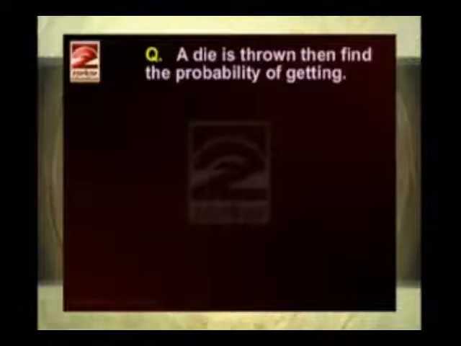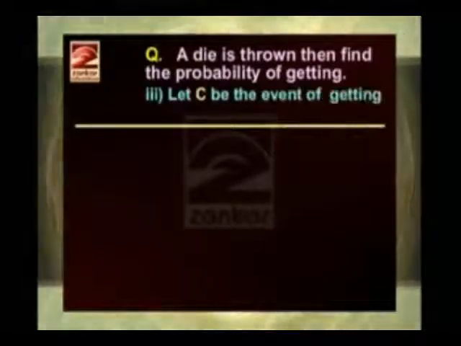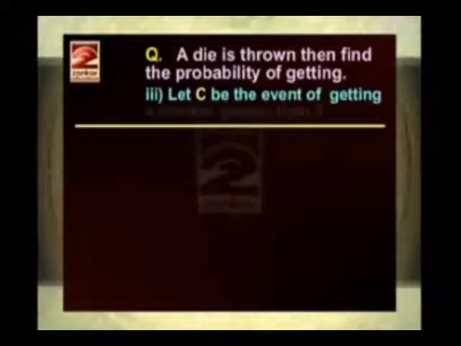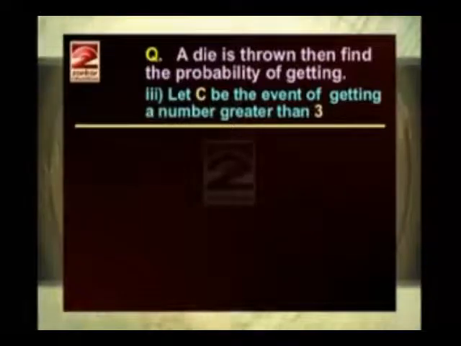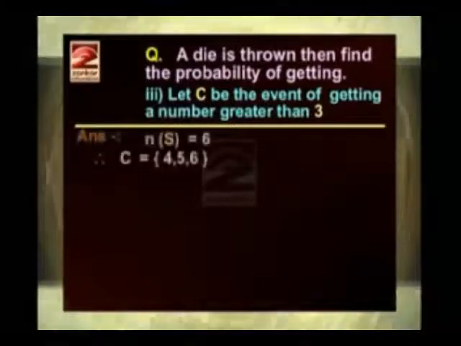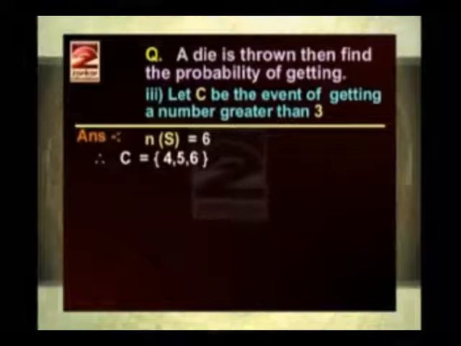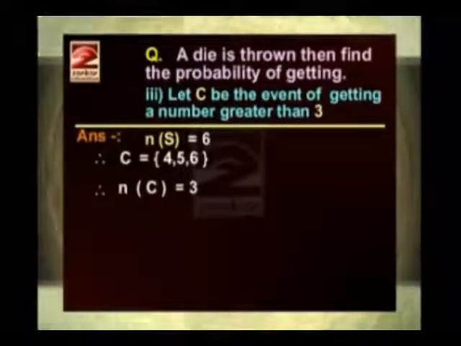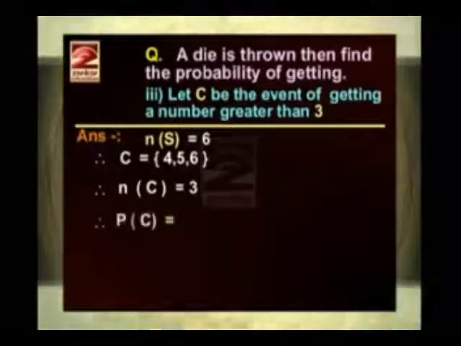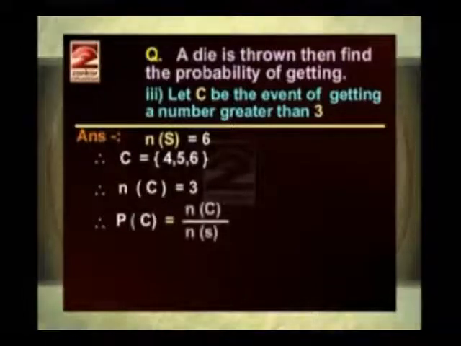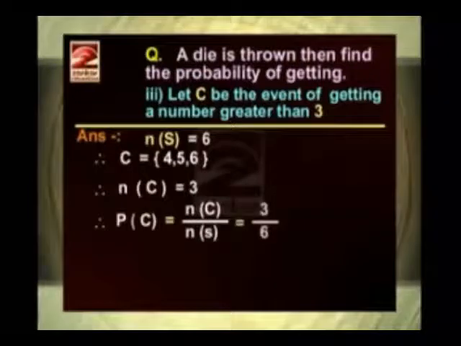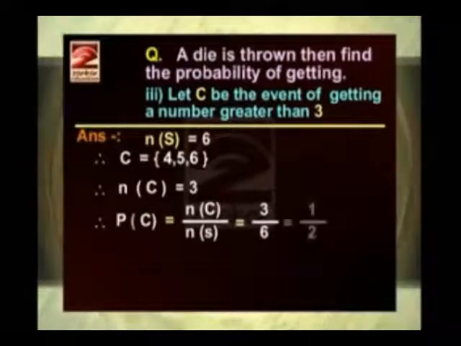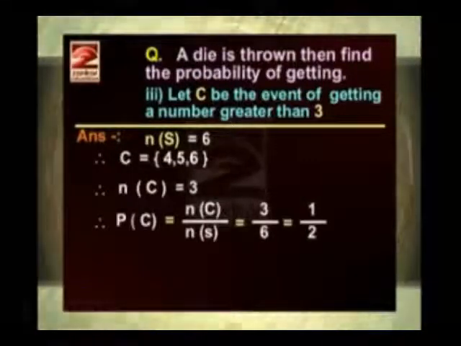Now the next event is event C. Let C be the event of getting a number greater than 3. Therefore, C is equal to {4, 5, 6}. So, n(C) is equal to 3. Therefore, P(C) is equal to n(C) upon n(S) is equal to 3 upon 6 is equal to 1 upon 2.